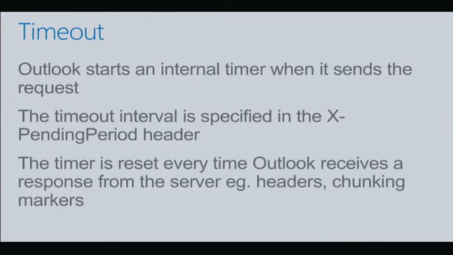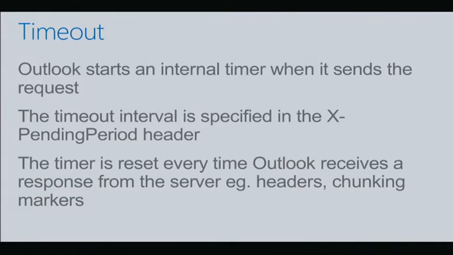Timeout. So I think there were a lot of questions about this. Timeout is if we don't hear back from the server within a specified period of time, Outlook is going to time out. So Outlook is basically listening for the chunking markers or some kind of response from the server at a specified interval, and that interval is determined by the x-pending-period header.